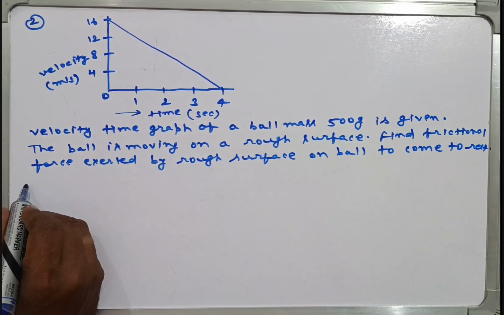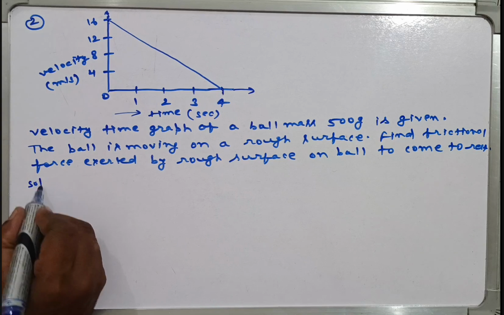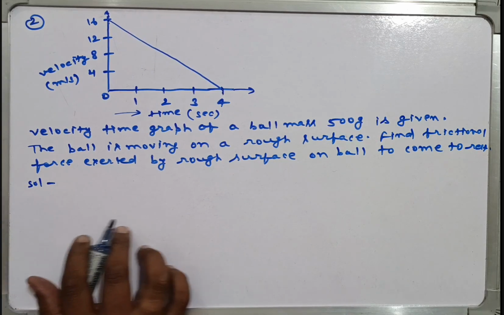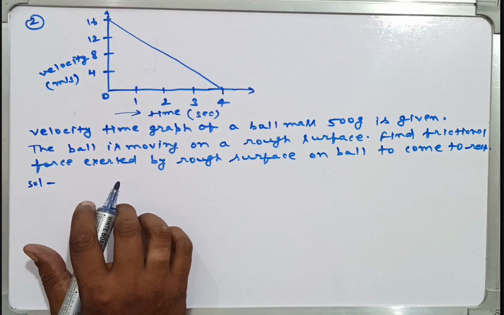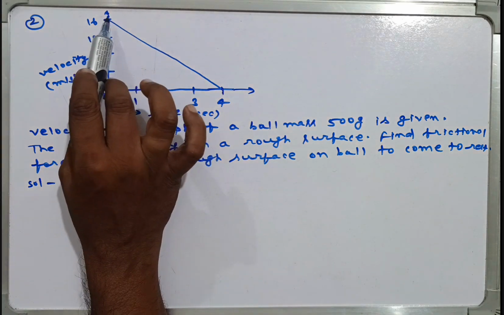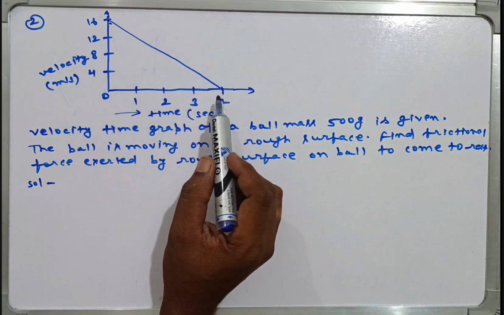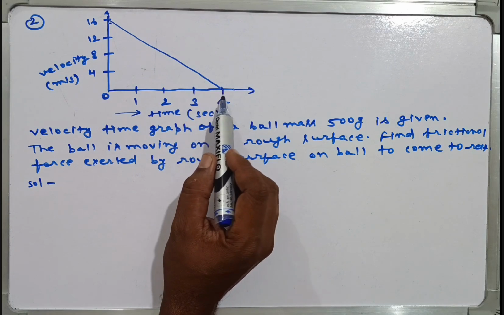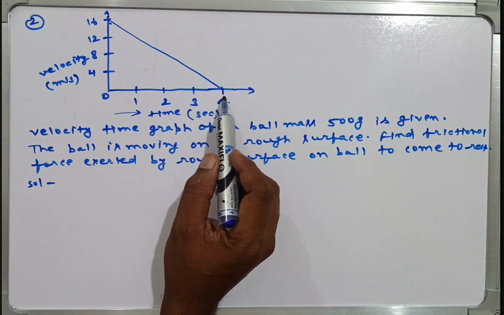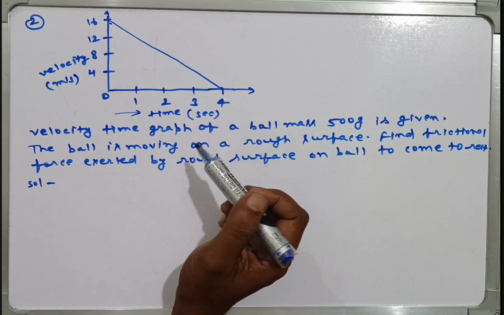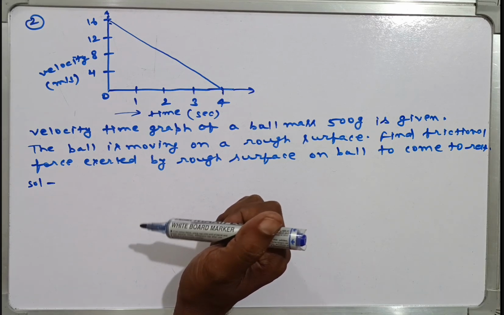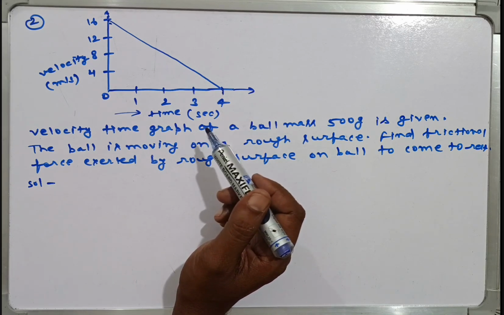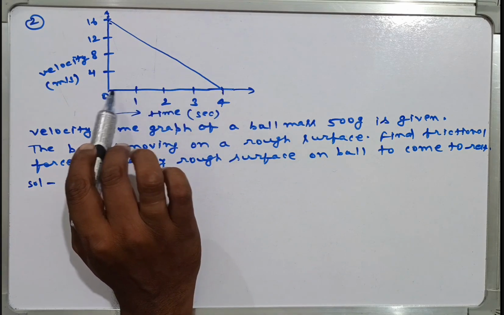So, the solution, guys. The information given in the question is a ball whose initial velocity is 16 and final velocity after t equal to 4 seconds is 0. It means the ball starts decelerating when we start observing it.